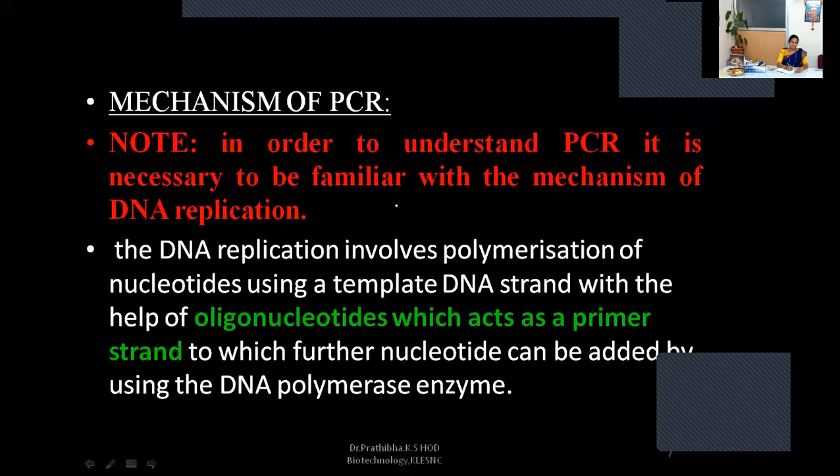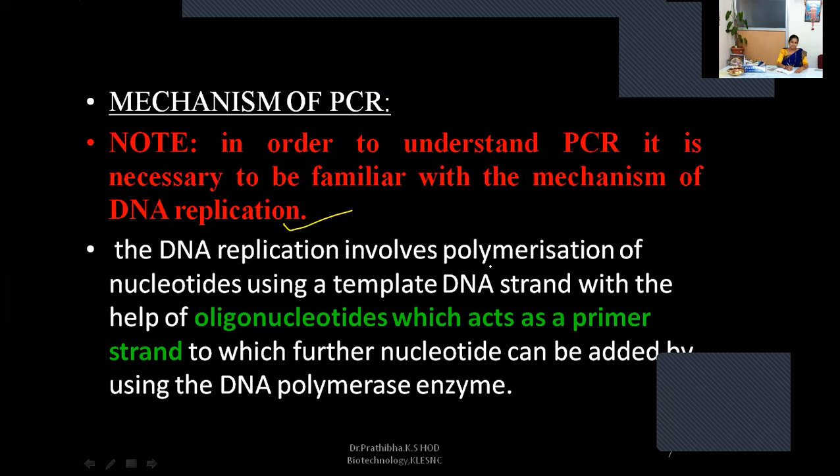Now let us understand the mechanism of PCR. In order to understand PCR, it is necessary to be familiar with the mechanism of in vivo DNA replication. Once we understand in vivo DNA replication, we can very easily understand in vitro amplification of DNA through PCR.